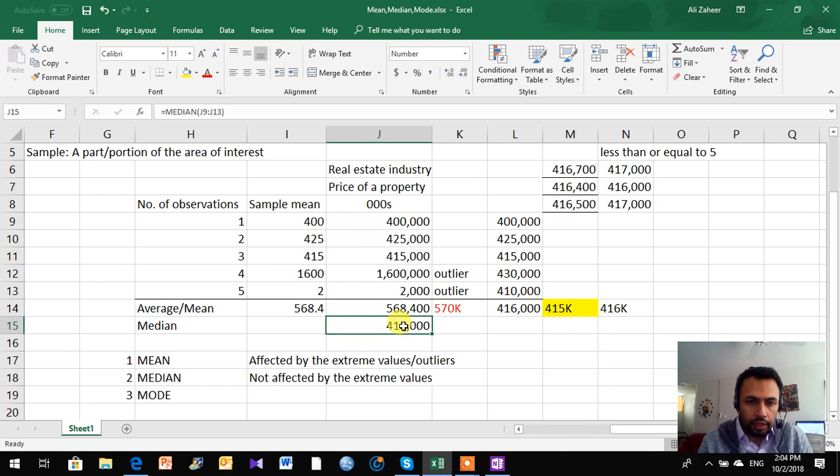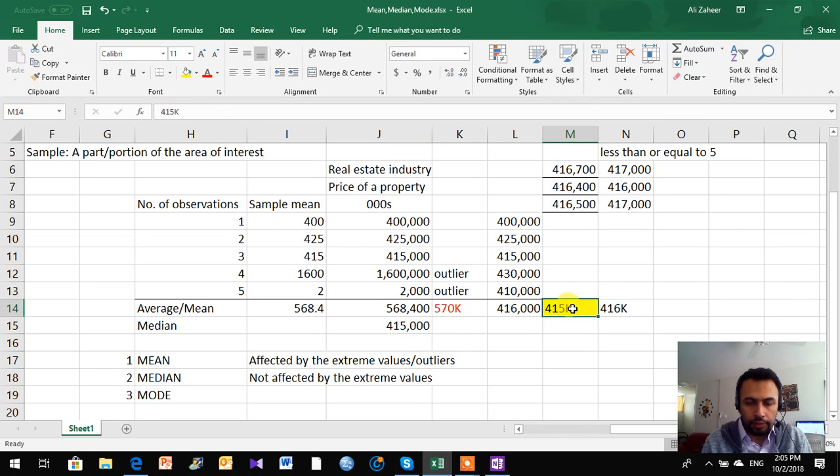And the median, after placing the formula like that, gives us the value of 415,000, which is more accurate, because we can see that if the values are close to each other, we again get a value close to 415,000.